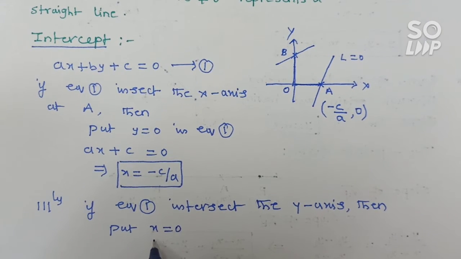If you put x equals 0, b into y plus c equals 0.